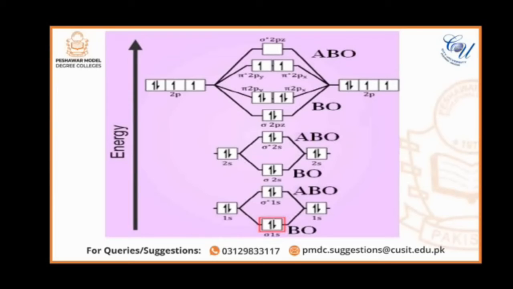The filling of electrons in degenerate or same energy orbitals is according to Hund's rule, which says that if same energy orbitals are available and more than one orbital is to be filled, then we fill electrons separately in different orbitals with the same spin, rather than putting them in the same orbital with opposite spin. So we put 2 electrons in different orbitals with the same spin, and sigma star 2px remains empty.